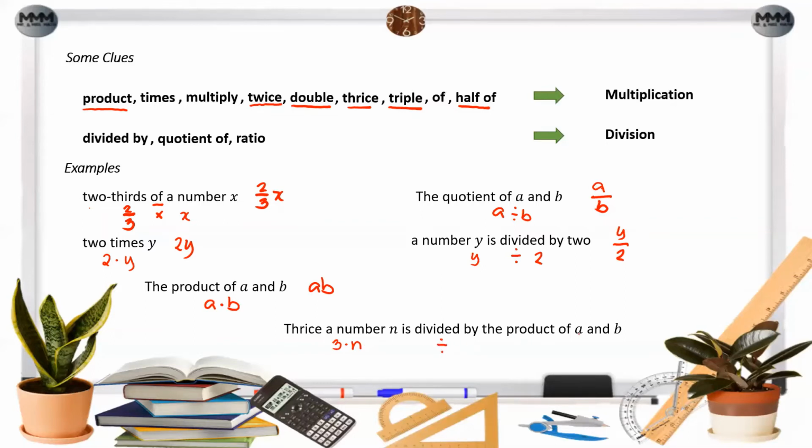Then the product of a and b, we have a times b. For the product, we're done with this a while ago. So we can rewrite this as 3n for 3 times n divided by, we have here over, then the product of a and b.